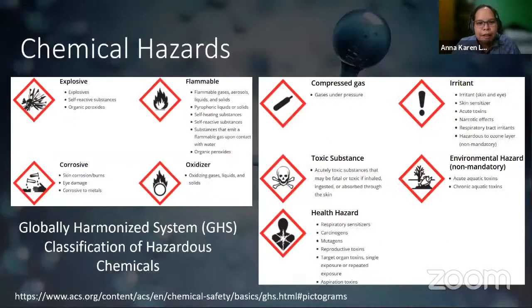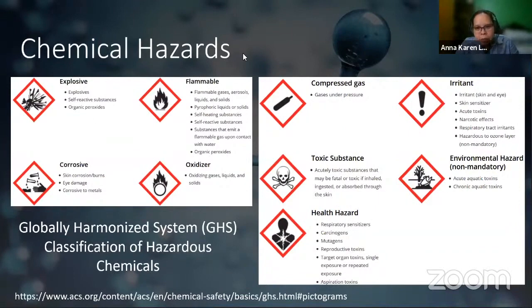So we have different chemical hazards. Depende sa chemical. One chemical can have multiple hazards. Some will have mainly one particular hazard. And so these are the different hazardous chemicals classifications based on the globally harmonized system. So you have chemicals that are explosives, including those that are self-reactives, organic peroxides.